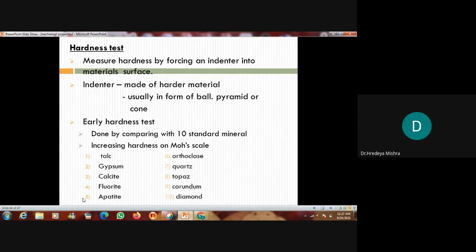What is the meaning of brittleness? When we apply force on a material and it breaks into pieces, that property is called brittleness. So mostly hard materials also have the brittleness property.